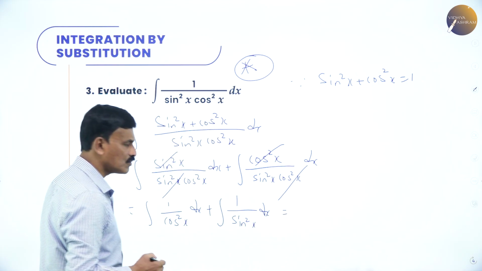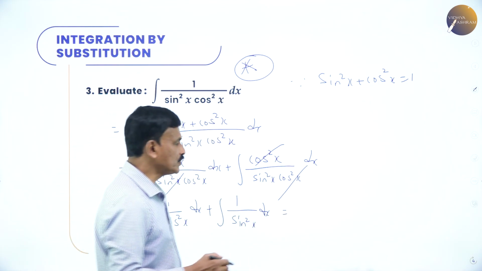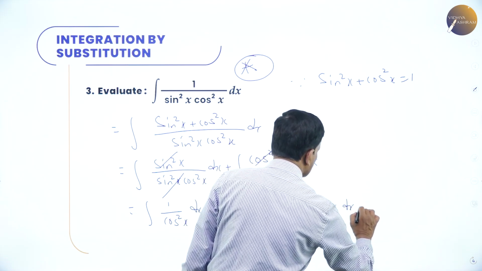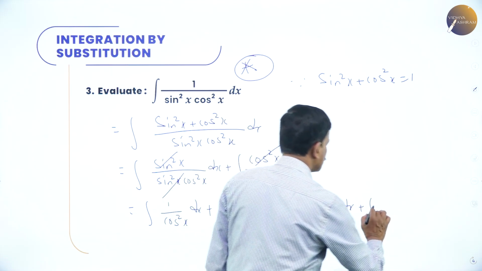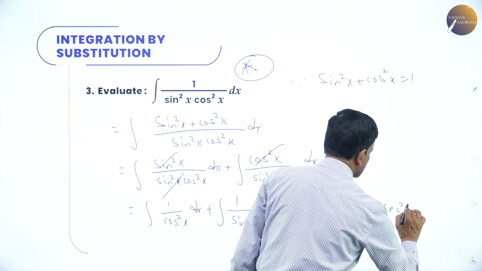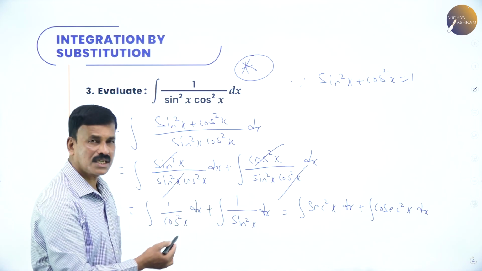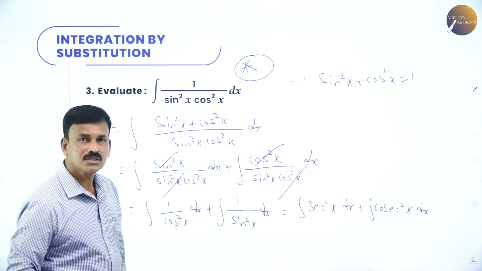Now what is this equal to? 1 by cos theta is secant theta, reciprocal relation. This is secant square x dx plus integral of cosecant square x dx. So 1 over cos square is secant square, 1 over sin square is cosecant square.